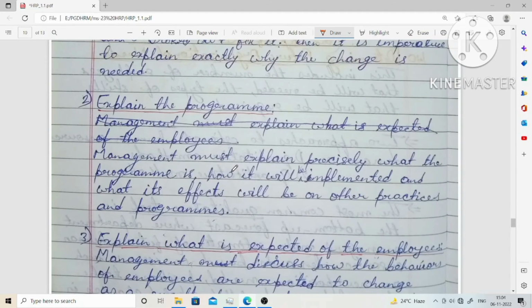The second thing in implementing human resource planning is explain the program. So what different kinds of programs are going to be implemented or used should be explained. That's why it is written, management must explain precisely what the program is, how it will be implemented, and what its effects will be on other practices and programs.